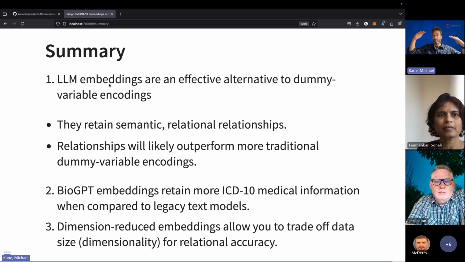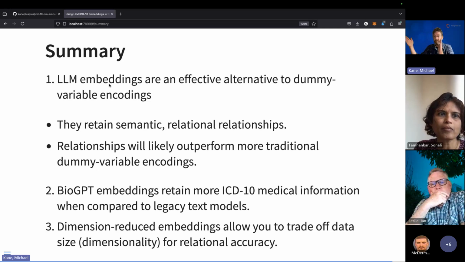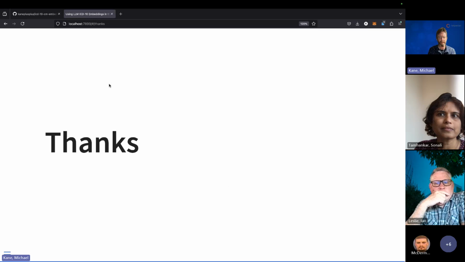By just adding them up, I can have a representation that includes all of the ICD-10 code information without needing to go wider in terms of the number of independent variables, and that's something we're looking at right now. All right. So that's the talk. Thanks very much for listening, and I'm happy to answer any questions that people have.